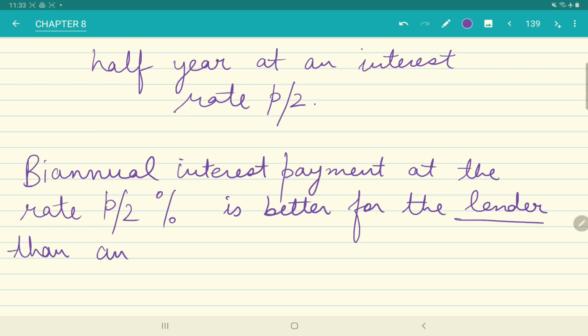Now when I talk about the lender, that means I'm concerned about more and more interest. So the point that we are going to make here is that this biannual interest payment is going to be more than the annual interest payment.